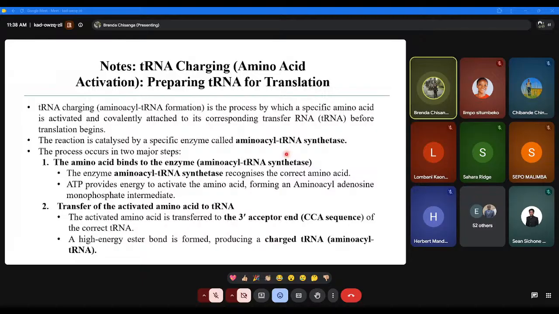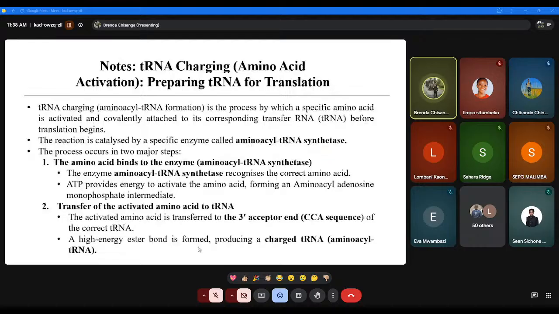This process is going to lead to an activated tRNA, a tRNA that has got the correct amino acid linked to its 3' end. Like I said, the enzyme that catalyzes this process, including identifying or picking the amino acid from the cytoplasm, don't forget, is amino acyl tRNA synthetase.